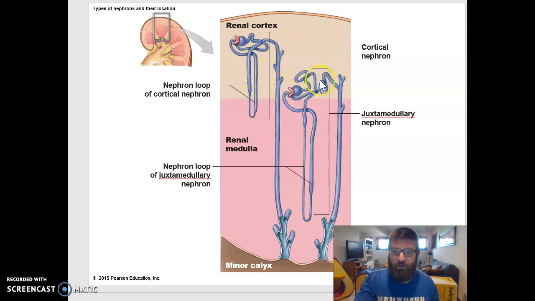Juxtamedullary nephrons are next to the medulla, medullary, right? So juxtamedullary literally means next to the medulla. And they will start up here in the cortex, but they'll have these long parts that dip down into the medulla, right? So cortical nephron, juxtamedullary nephron.